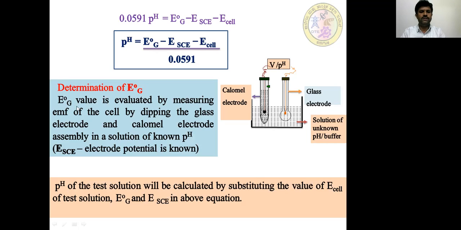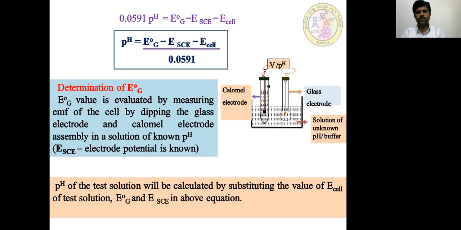The E naught G value is evaluated by measuring the EMF of the cell, by dipping the glass electrode and calomel electrode assembly in a solution of known pH or buffer solution.